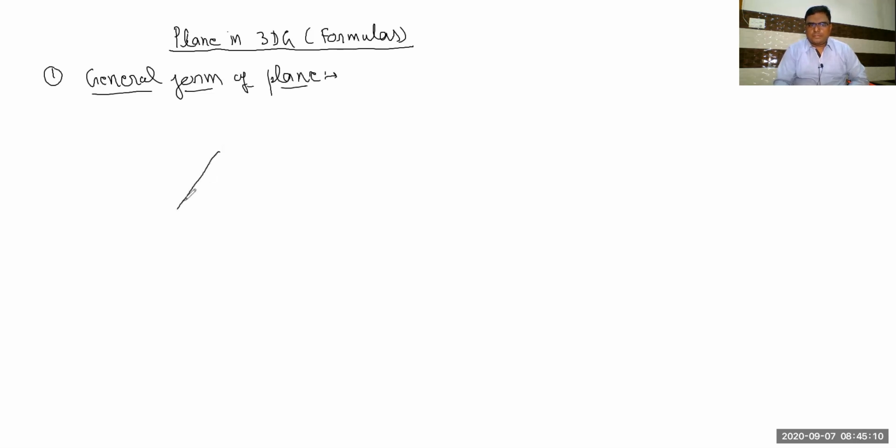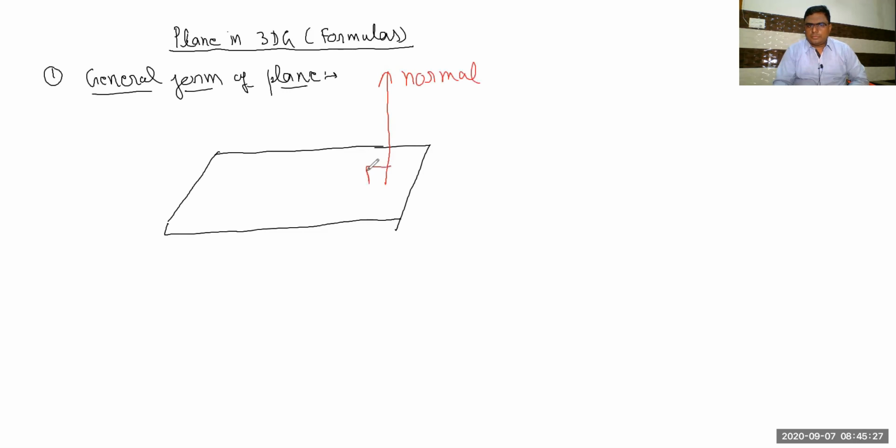Suppose we have a plane. Suppose this is plane in 3D. And this red line which I am drawing now is normal to the plane. Normal means perpendicular to the plane. This normal always makes 90 degree with the plane.